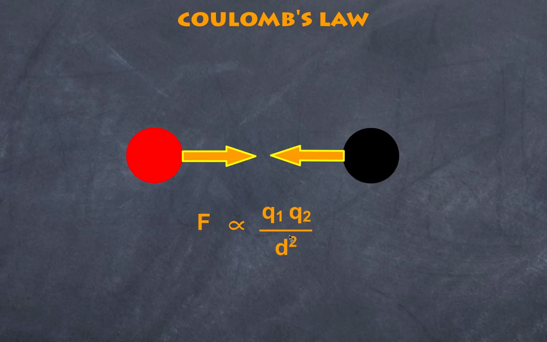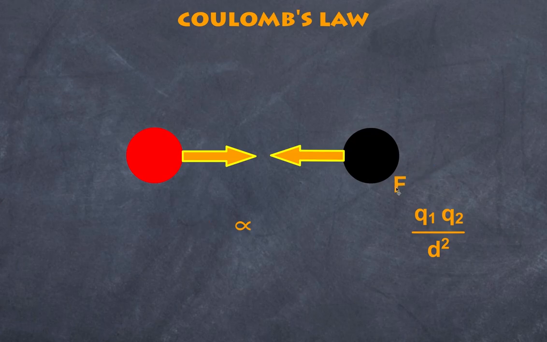Now, I'm almost there to the formula for Coulomb's law. What if I took this section here, and then what I do is take F and divide it by that value? So in other words, what is F divided by this value? If it's a proportionality, then this ends up being a constant value.